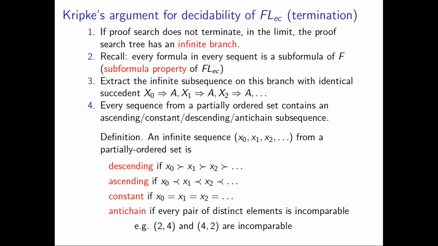We recall that every sequence from a partially ordered set has a subsequence that is either descending, ascending, constant, or an antichain in the sense of the definitions here. Antichain meaning that every pair of elements is incomparable, cannot be compared in either direction.